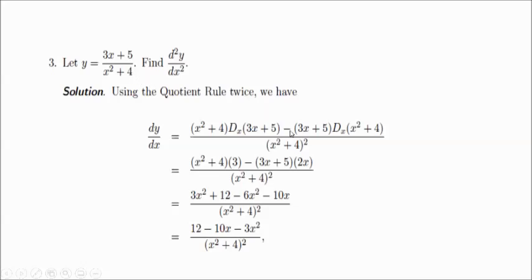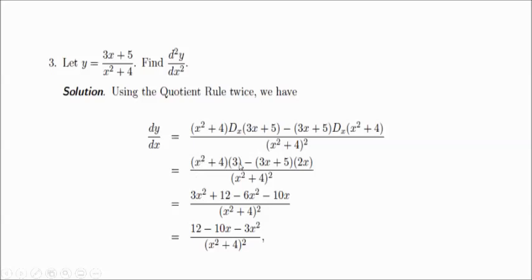Product rule, plus. Minus numerator, and then derivative ng denominator. Class, this is rules ha. So it's like formula na kailangan sundan. So x squared plus 4, derivative nito is 3 minus copy. Derivative nito, class, is 2x. Okay? And then distribute.